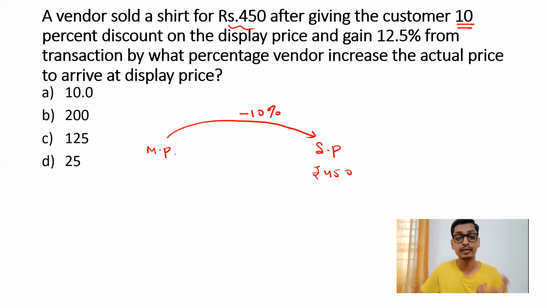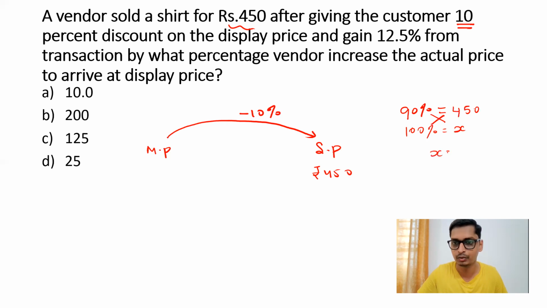If you keep the market price as 100%, he is giving a 10% discount, so he is selling only 90% of the market price. So we can say this 90% is 450. If 90% is 450, then what is 100%? That is the market price, so 100% is equal to X.